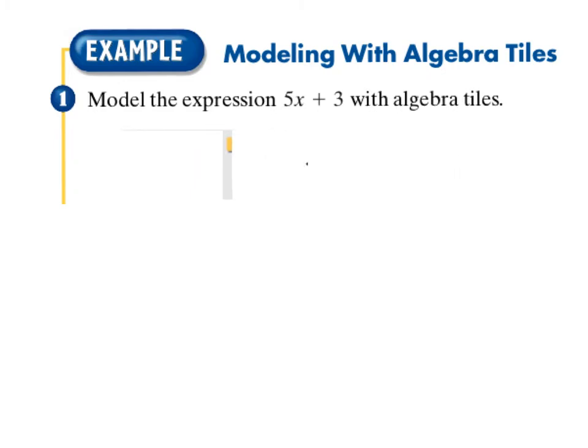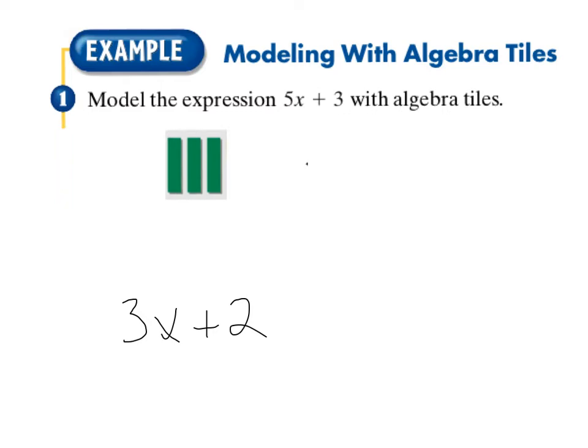Oops, wrong square. All right, so say I have 3x plus 2. If I'm doing 3x, that's my variable, so that's my green bars. So I need 1, 2, 3 green bars, and then 1, 2 yellow squares.